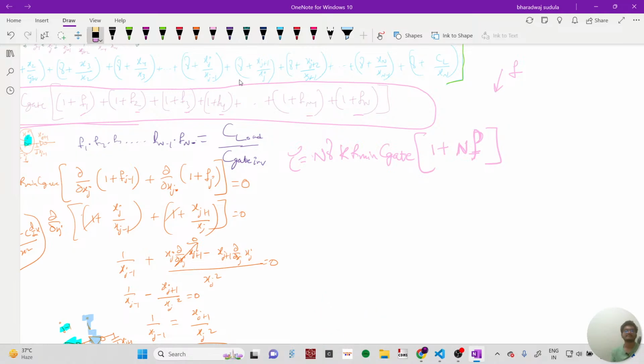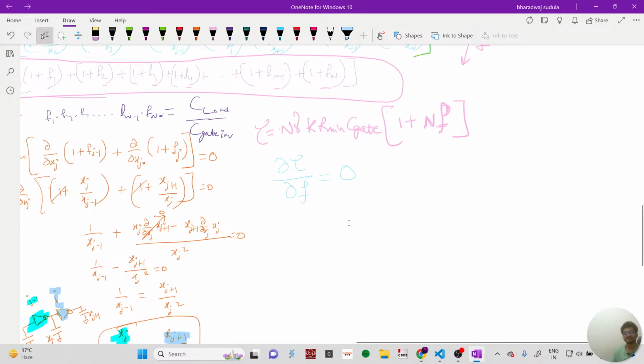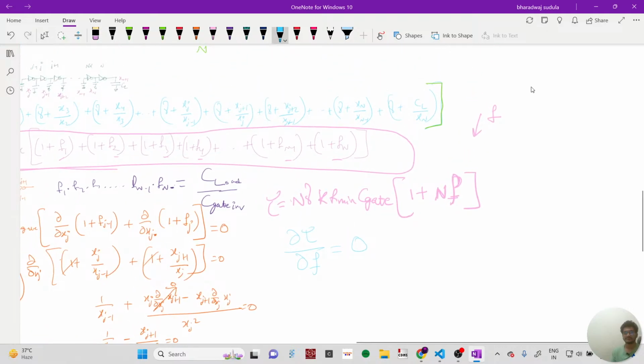So again, differentiate tau with respect to f, equate to 0. Simple. So what is f? F is each and every stage fan out, right?